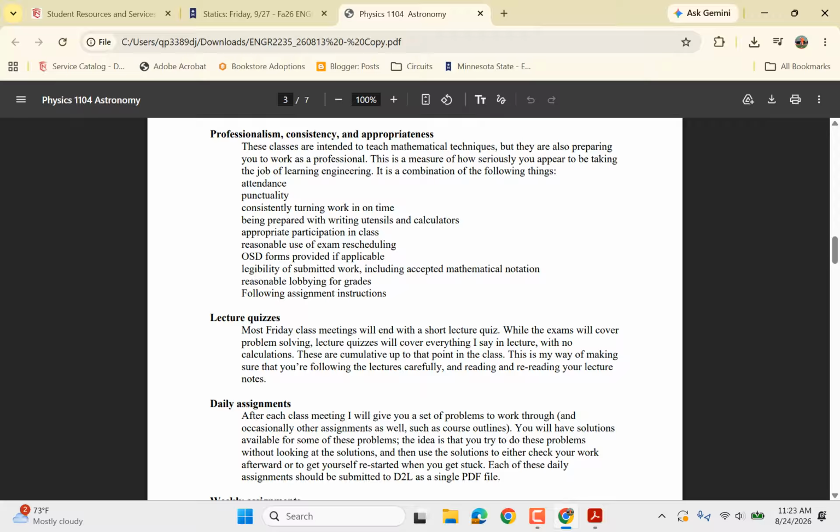Another part of that is being considerate with my time. I'm always happy to reschedule an exam if you have an issue, but if the issue is just that you want to do everything on your schedule and not on ours, that can be a pain.